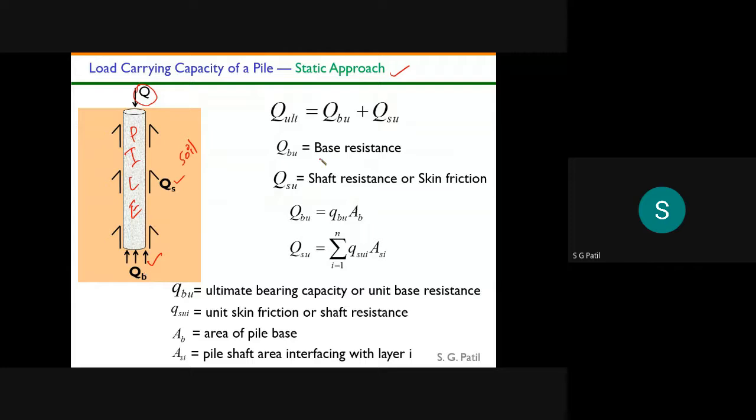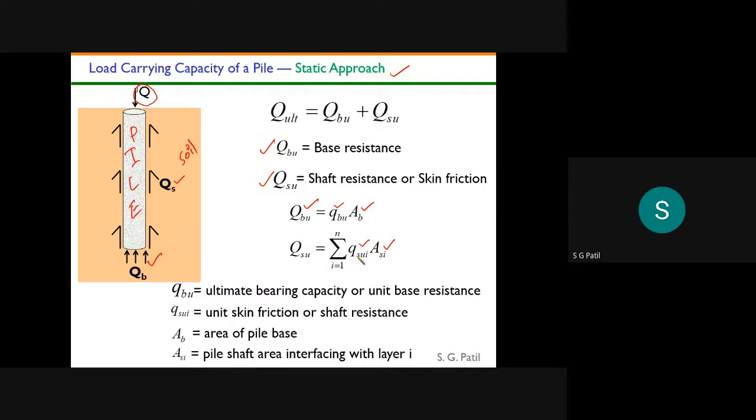The base resistance is the unit base resistance into the cross sectional area, and the shaft resistance is the unit shaft resistance into the surface area.